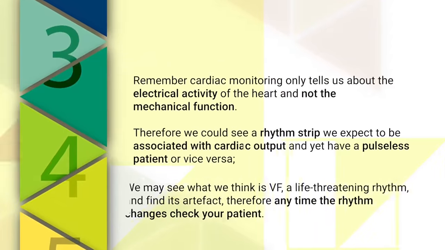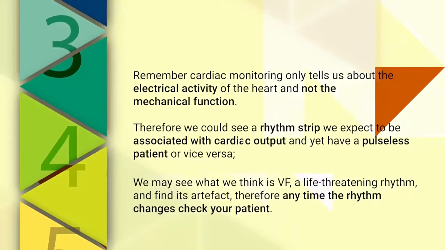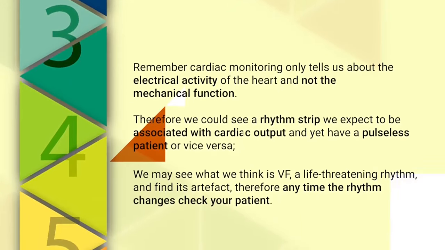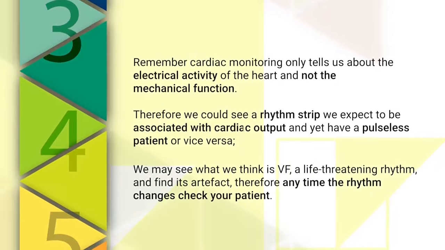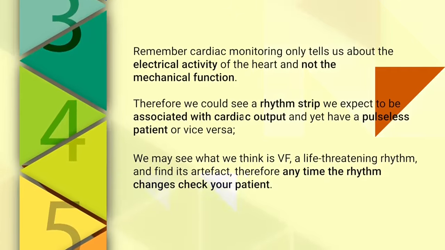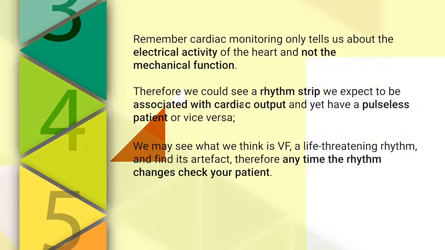It's important to remember, however, that cardiac monitoring only tells us about the electrical activity of the heart and not its mechanical function. Therefore, even when we can see a rhythm strip that we expect to be associated with a good cardiac output, we could have a patient with no cardiac output, i.e. in cardiac arrest.